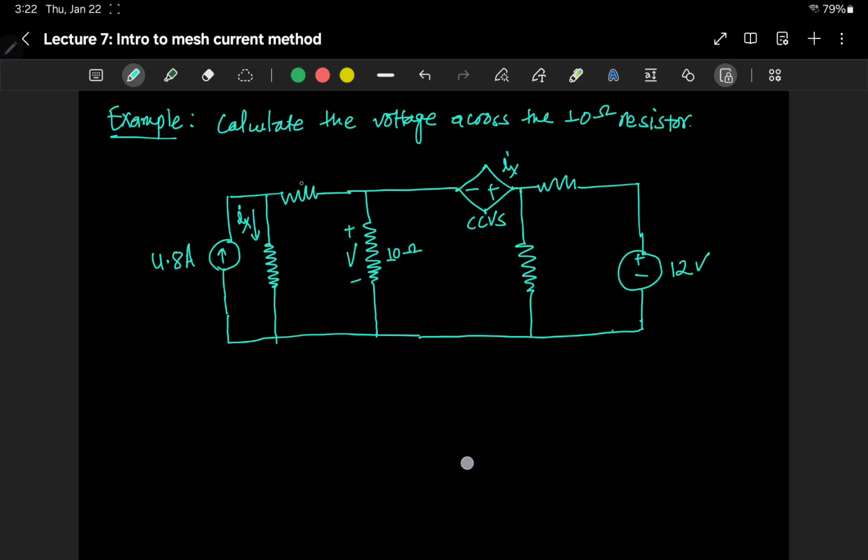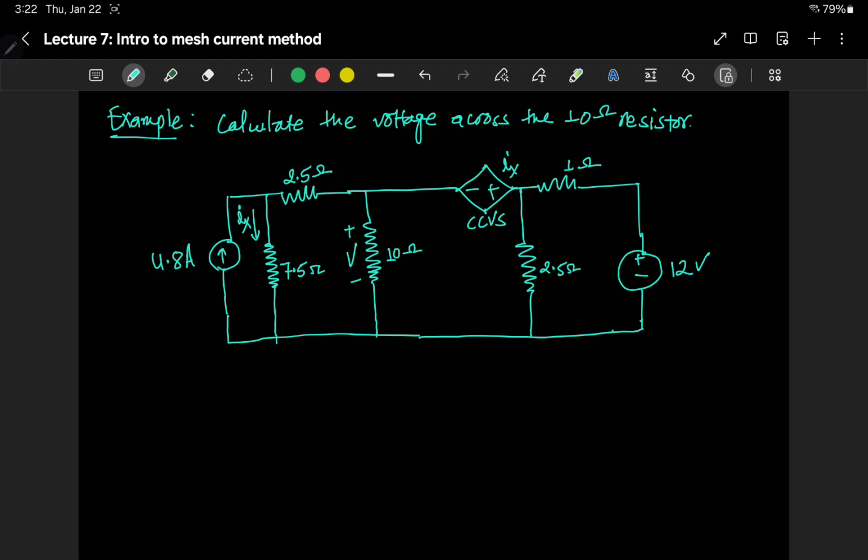So that is the question, and these resistors have values of 2.5 ohm, 7.5 ohm, 2.5 ohm again, and then this one has 1 ohm.